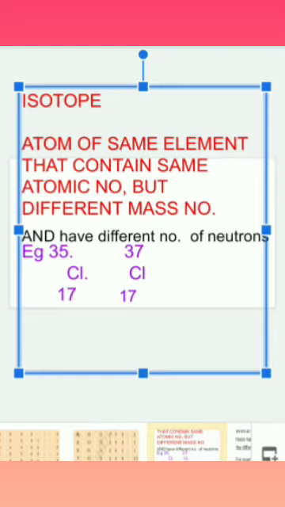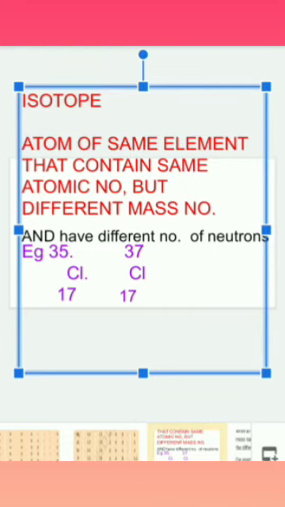What is the number of neutrons in chlorine 35? 35 minus 17, that is 18 neutrons. And here 37 minus 17, we get 20 neutrons.